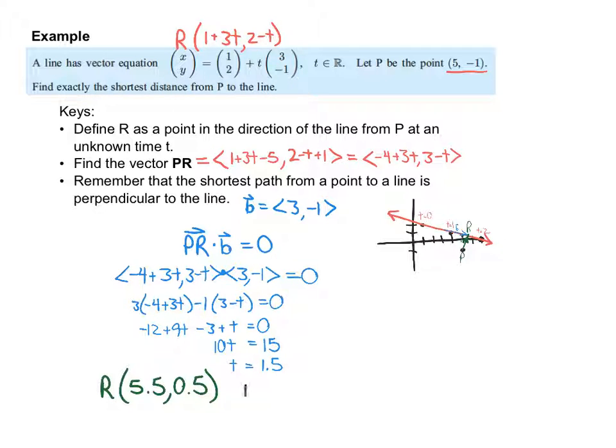I could give us vector PR. Vector PR is negative 4 plus 4.5, so that's going to be 0.5, and 3 minus 1.5 is 1.5. So there's vector PR. But actually neither of those are what the problem asked for. The problem asked for the actual distance. So how do we find that actual distance at this point?